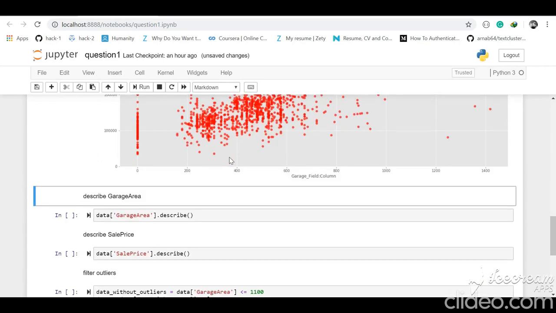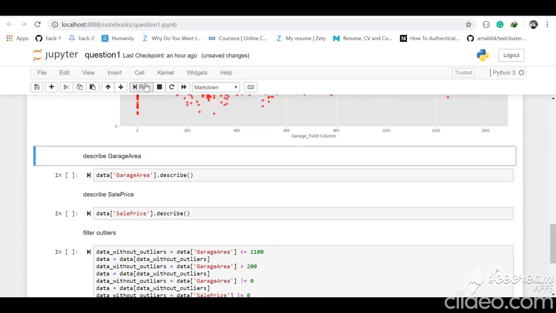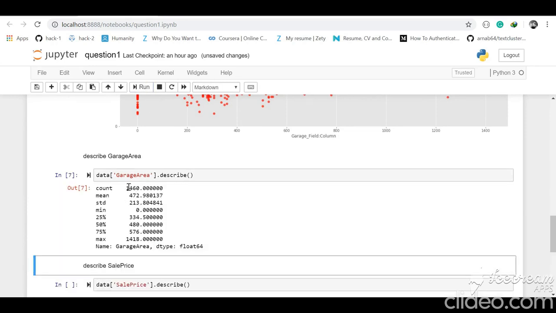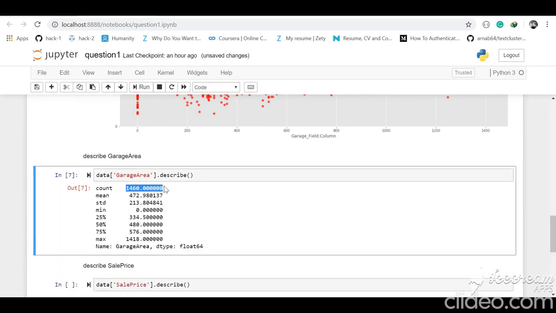If you describe the garage area, we could see there are about 1460 data points, which has a mean of 472 and a standard deviation of 213.